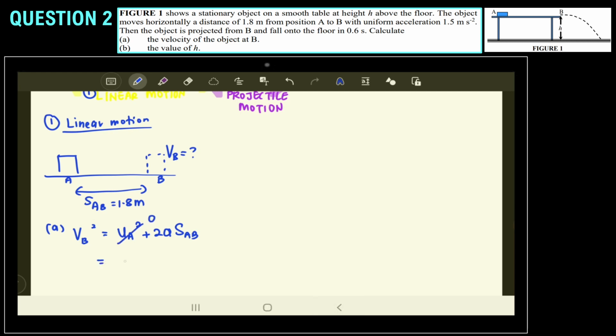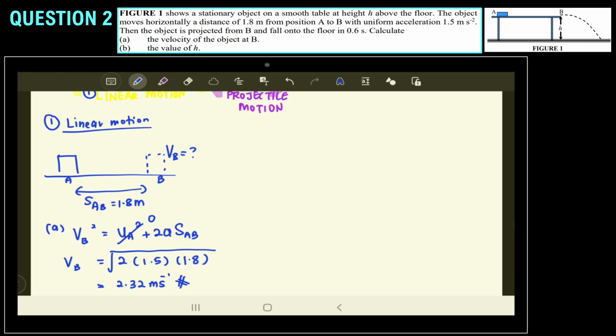The acceleration is equal to 1.5. SAB is 1.8. Therefore, VB is equal to, we need to take the square root because this is VB squared, and the final answer is 2.32 meter per second.